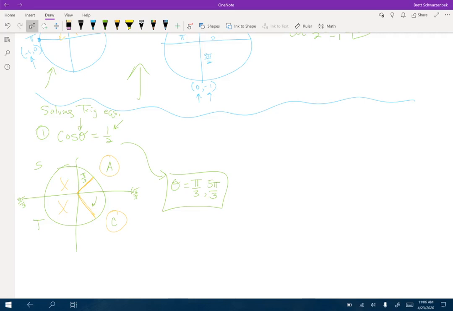Okay, let's try another one. Let's say I asked you, the tangent of theta is equal to -1. Okay, so this is inherently a more difficult problem. Why? Well, before we get anywhere, let's first do our quadrants.